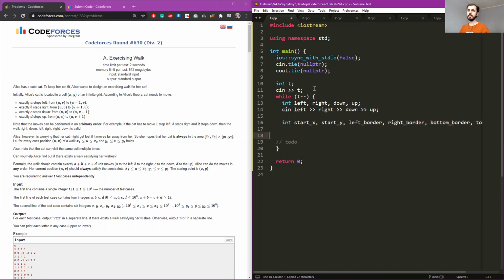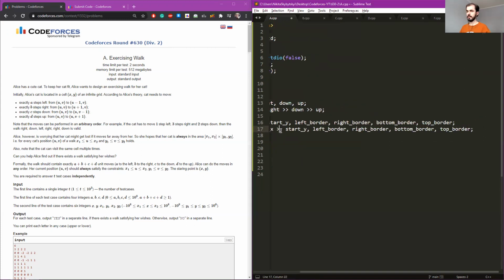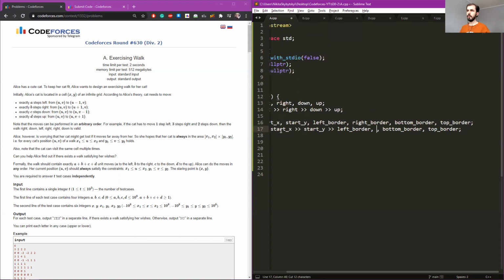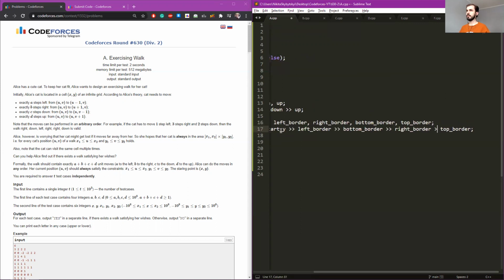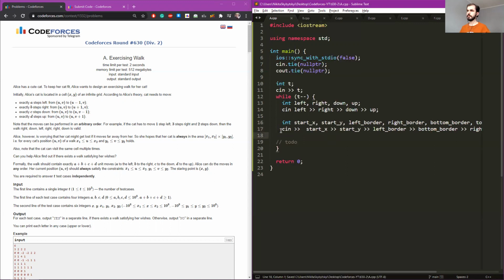Is this the order in which they are given? Let's make sure it is. First start x, then start y, then x1 is the left border, y1 is the bottom border, I believe, then the right border and top border. Yeah, I believe we can just break lines arbitrarily here, and it won't matter.